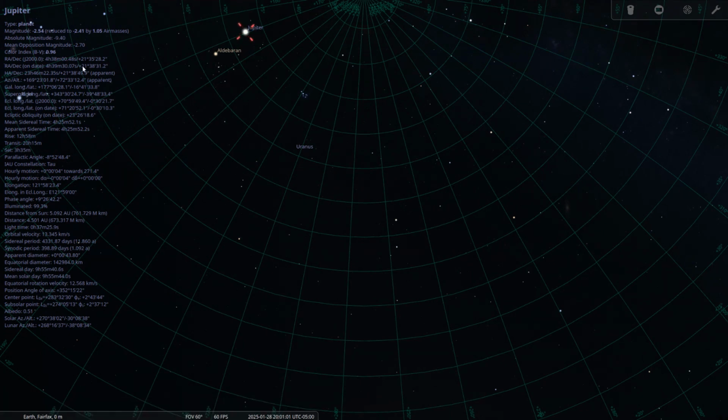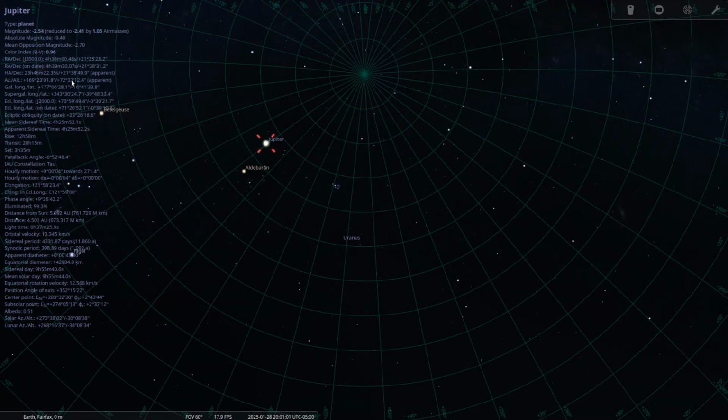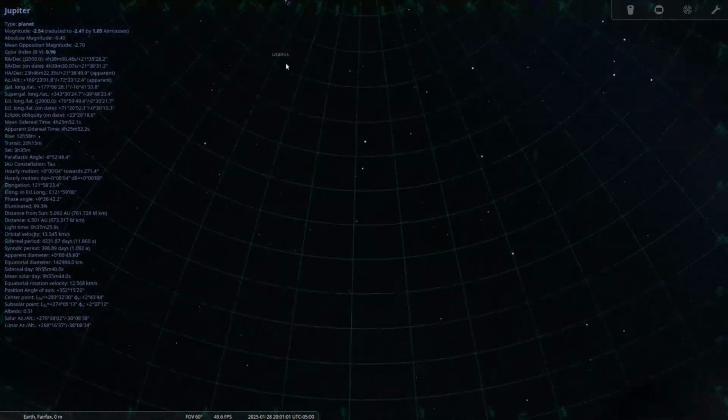So you can see that this is how, as it gets higher, altitude. I'm sorry, I think I read you the wrong numbers. The azimuth of Jupiter is 169 degrees, 23 minutes, and the altitude is positive 72 degrees, 33 minutes. You can see that it is much higher up in the sky as the altitude suggests.